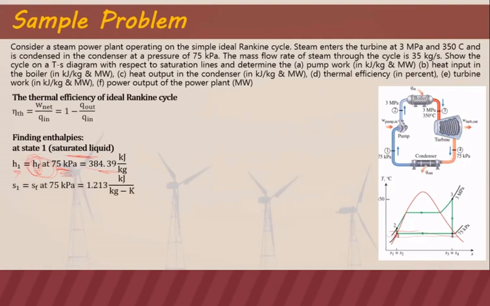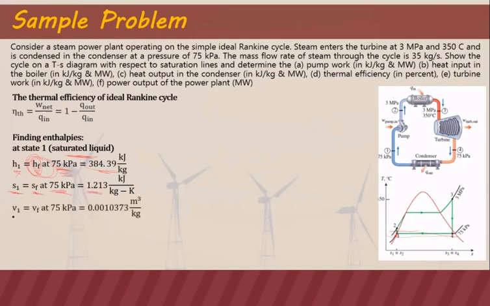And then, in order for us to solve for the process to state 2, let us also compute the entropy at state 1. The entropy is the entropy of the liquid at 75 kPa, and that is 1.213 kilojoules per kilogram Kelvin.